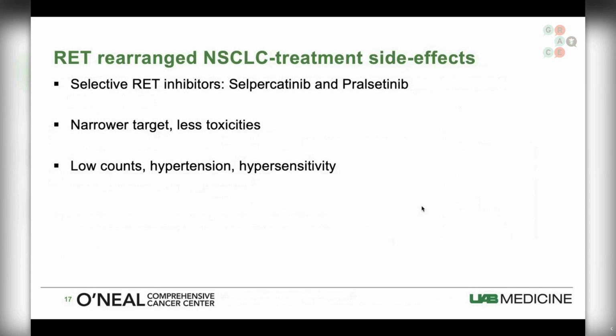The vast majority of what we see is either hypersensitivity or some hypertension, but not as common as we used to see with the older drugs. And then we also see some low blood counts in some cases. In the vast majority of patients, those rarely lead to interruption of their medications or the need to dose modify them.